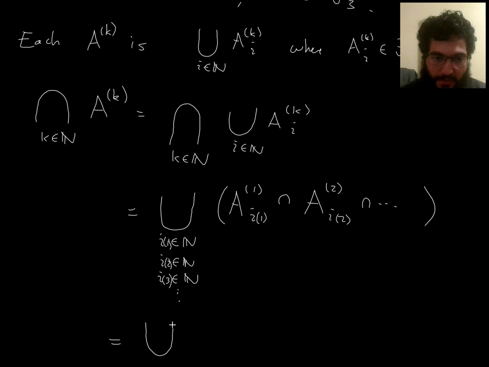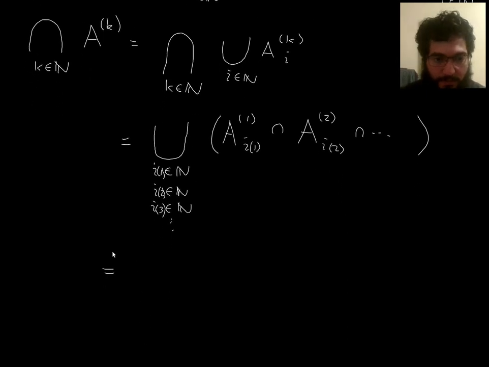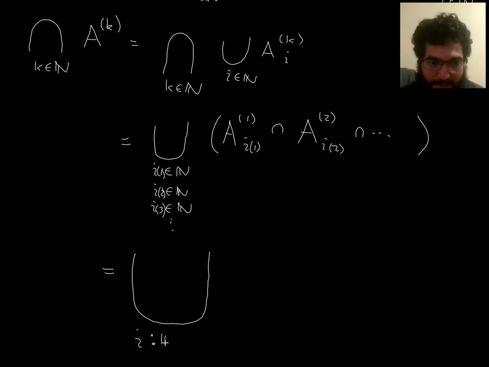So this is a union. Let's make a giant union symbol. A union over all possible functions from n to n of intersections.